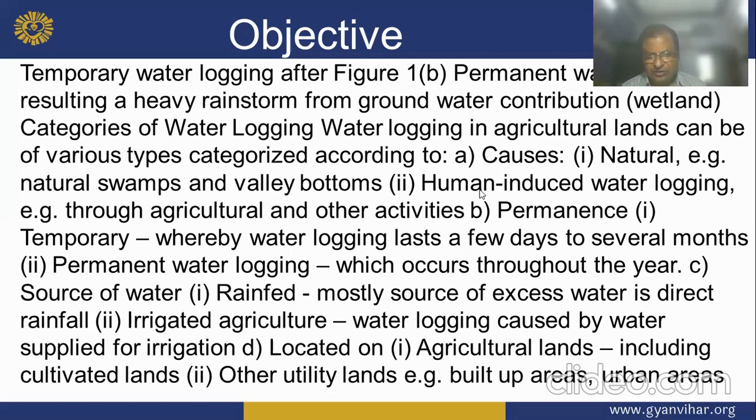The source of water is rainfall and irrigated agriculture, waterlogging caused by water supplied for irrigation located on agricultural land, including cultivated land and other land, that is the built-up area, urban area.